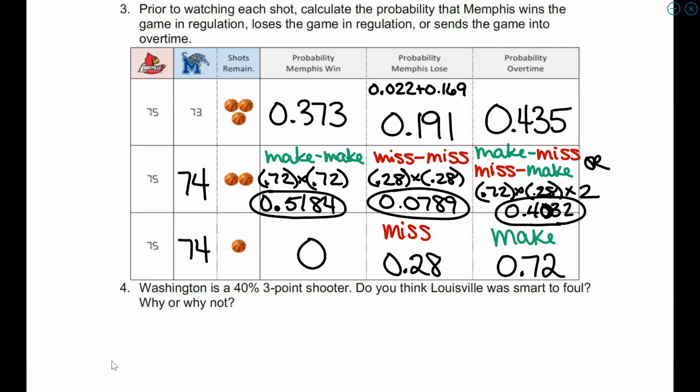Binomial formula. I promised I'd put it up a little bit higher on the screen and written out clearer.